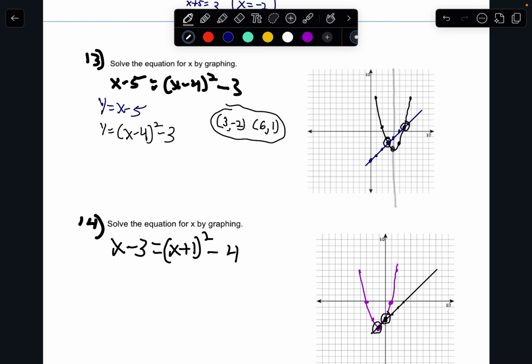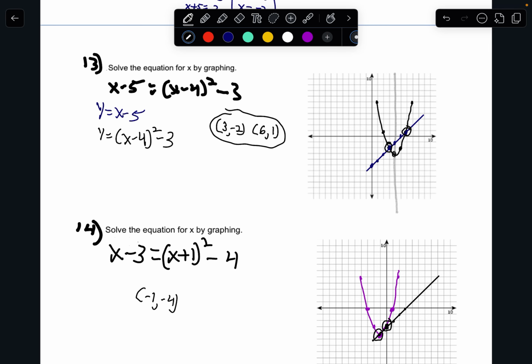So the two solutions are -1, comma, 1, 2, 3, 4, -4, and 0, comma, -3. Okay? You could check it just to show you. Plug in x equals -1 on the left.